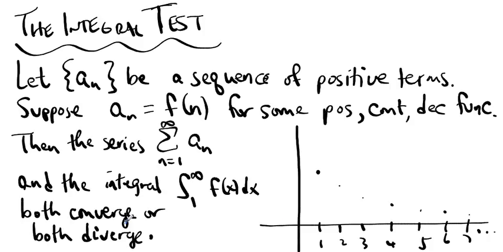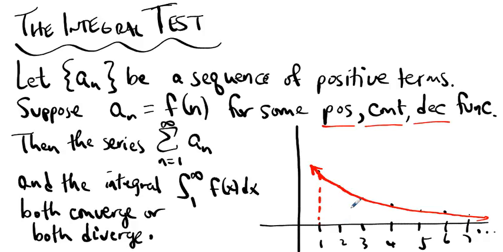And this is a super important idea. If it is possible to connect these dots with some function that is positive, continuous, and decreasing, then if we were to figure out the integral, the area underneath the curve from 1 to infinity, well, how does that work?